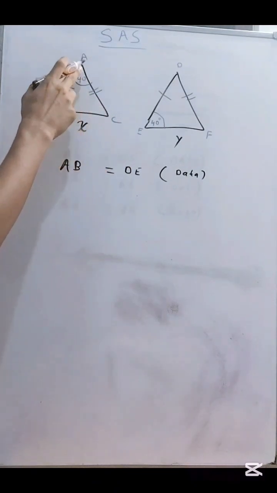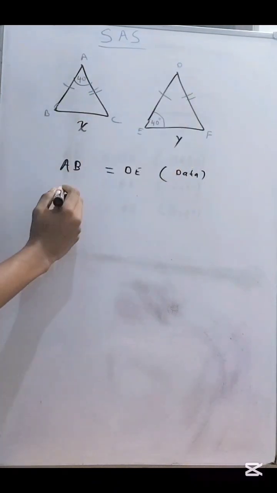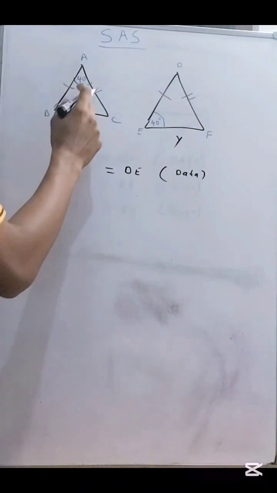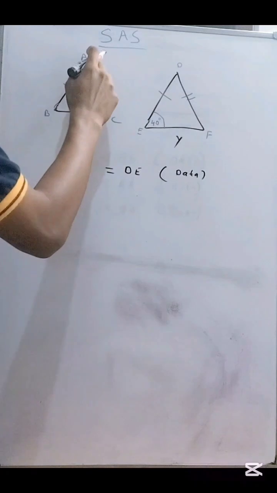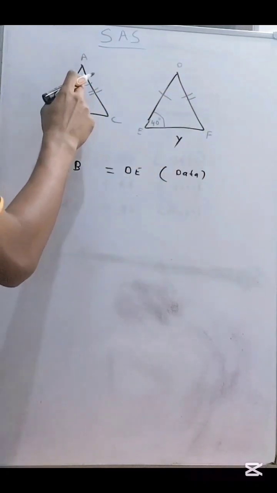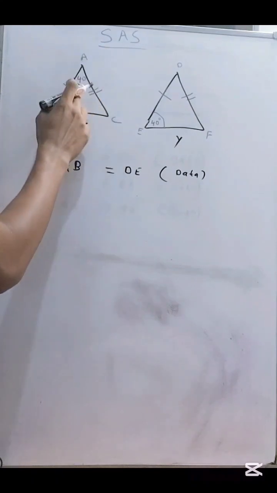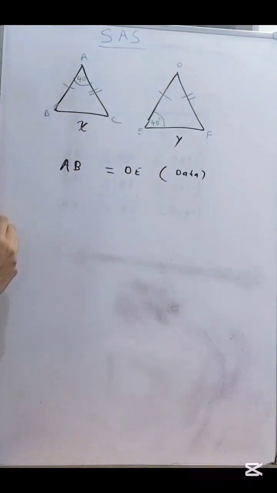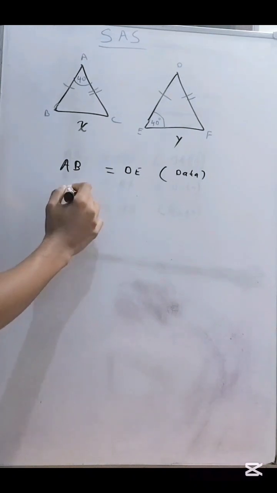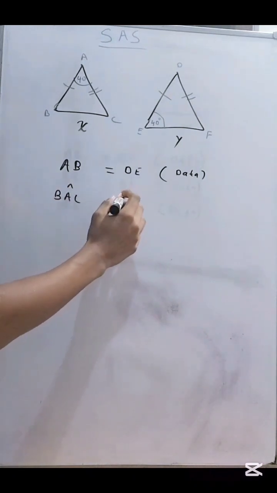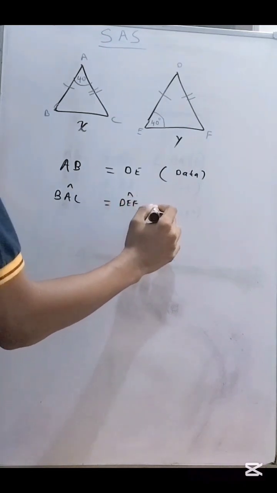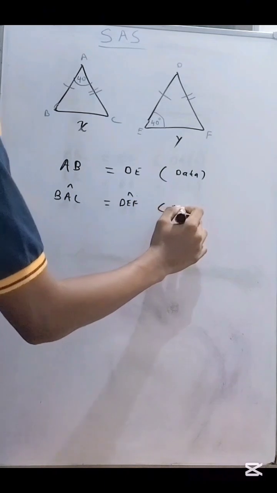And the next one, we can do AC is equal to DF, or the angle. So what's the angle? Angle BAC is equal to angle DEF, because BAC is 40 degrees and DEF is 40 degrees. This is data.